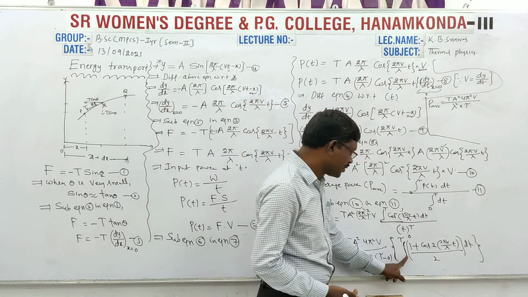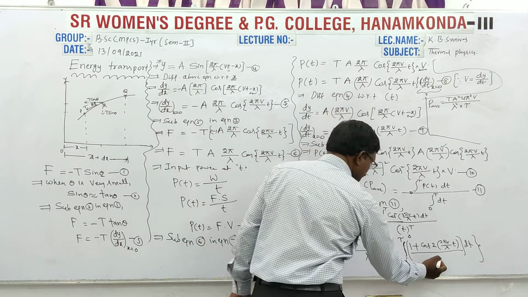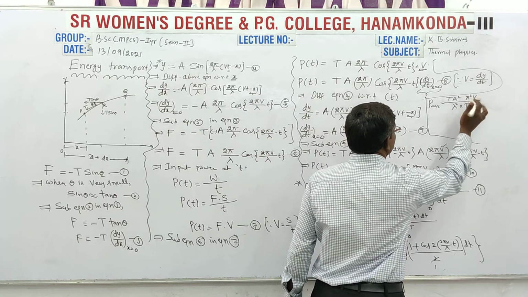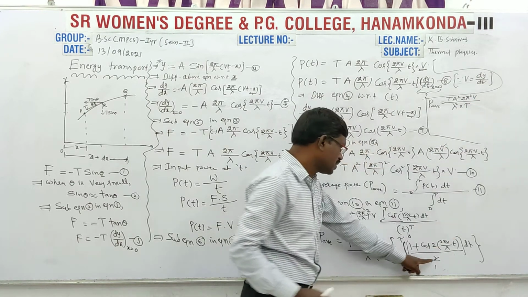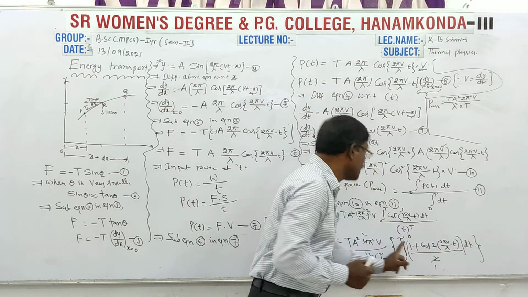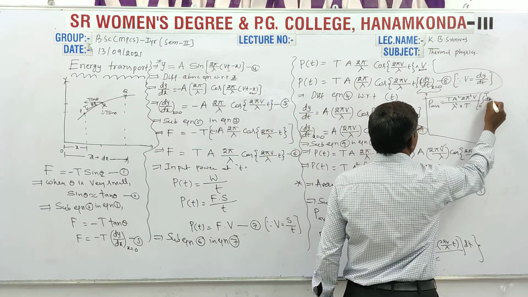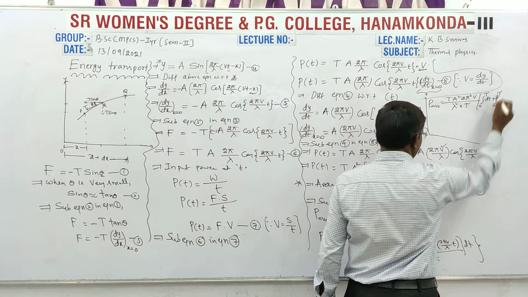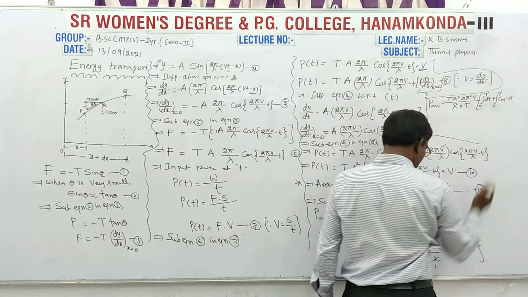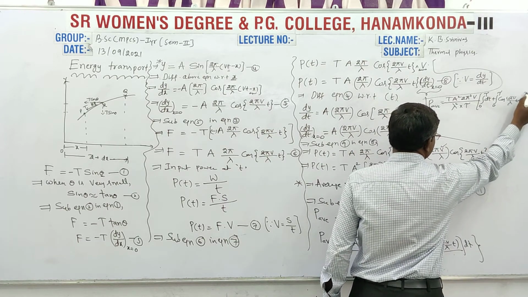Coming to this integration part, the denominator 2 and numerator 2 get cancelled. So finally it becomes 2 pi square. Already this 2 disappears from the equation. Integration dt becomes integration 0 to tau dt plus integration 0 to tau second term, cos 4 pi v by lambda into t dt.